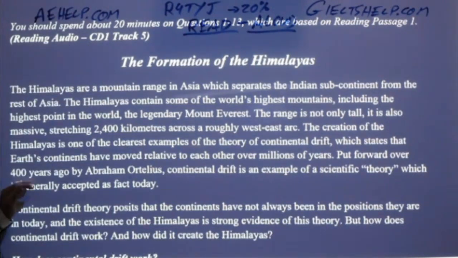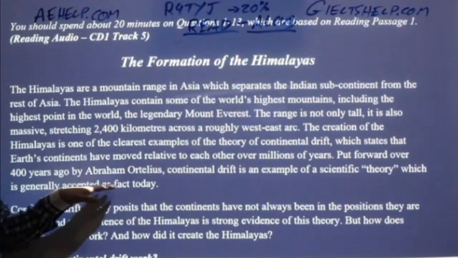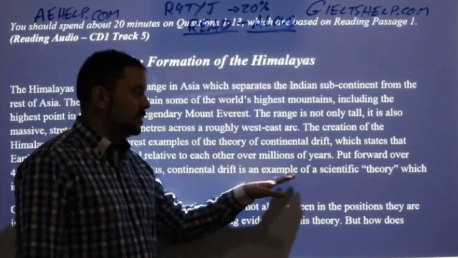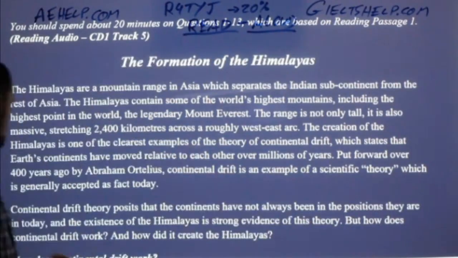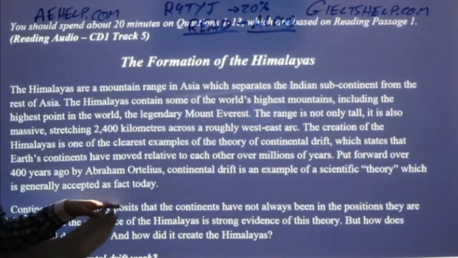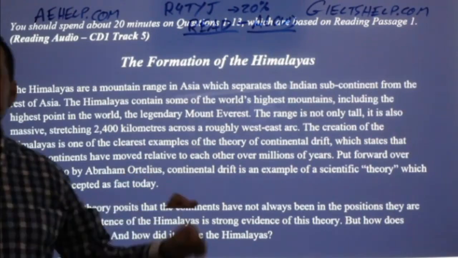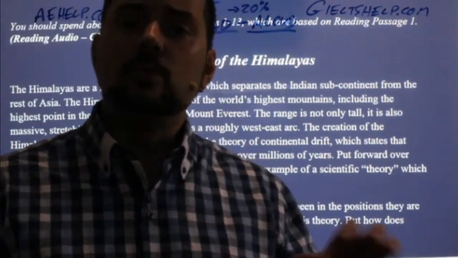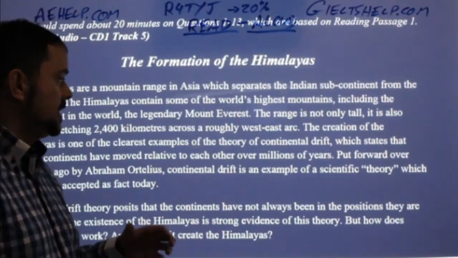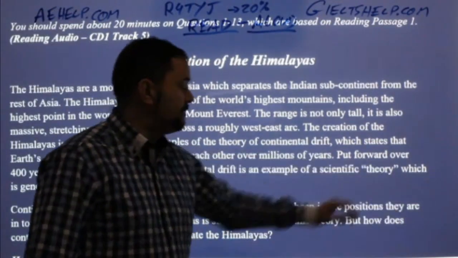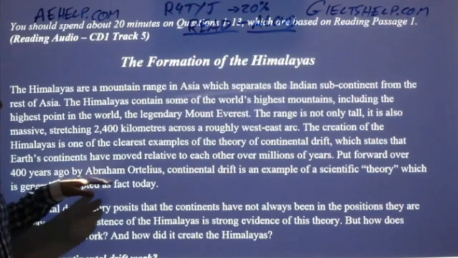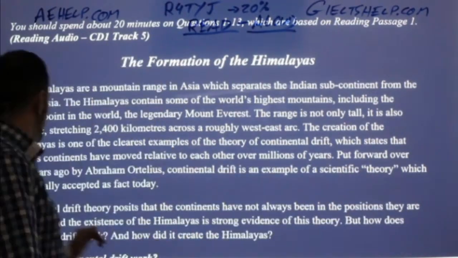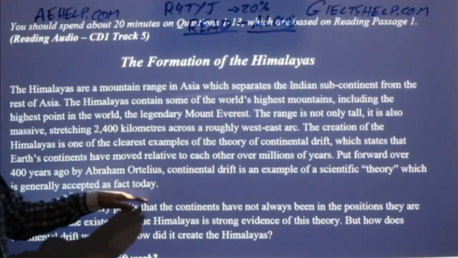Put forward over 400 years ago by Abraham Ortelius, continental drift is an example of a scientific theory which is generally accepted as fact today. Okay, so now we've read phrases, then we've read sentences. Okay, last one. Put forward over 400 years ago by Abraham Ortelius, continental drift is an example of a scientific theory which is generally accepted as fact today.